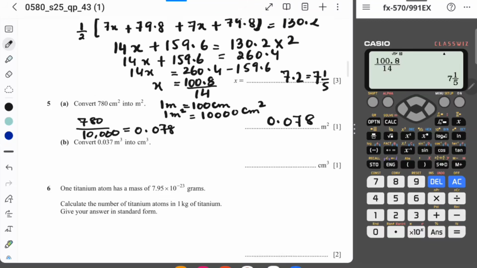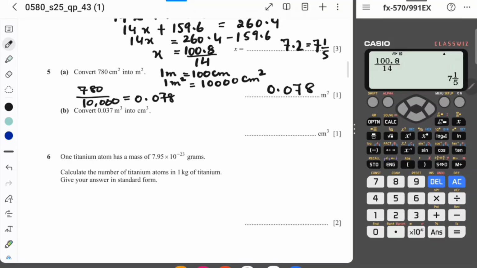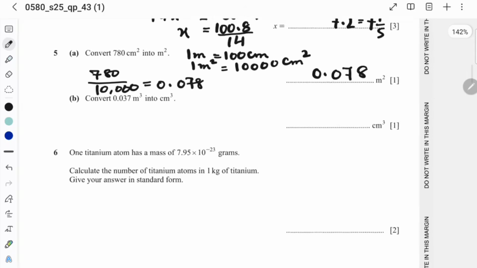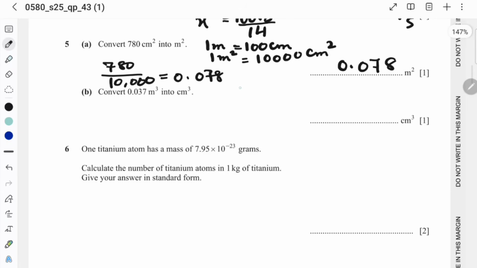The next question is convert 0.37 cubic meters into cubic centimeters. We are going to convert meters into centimeters, so we multiply. 1 meter is equal to 100 centimeters.